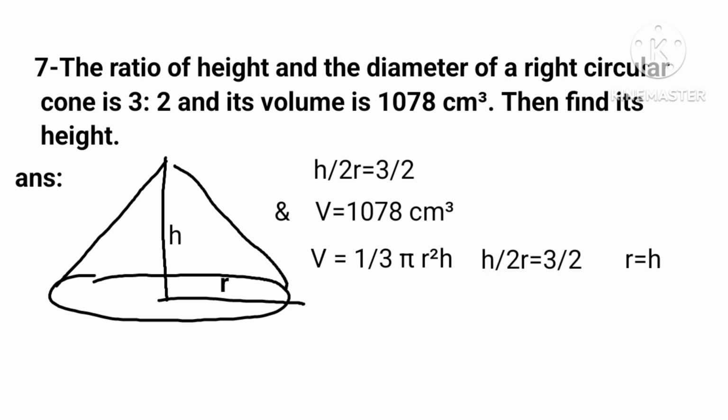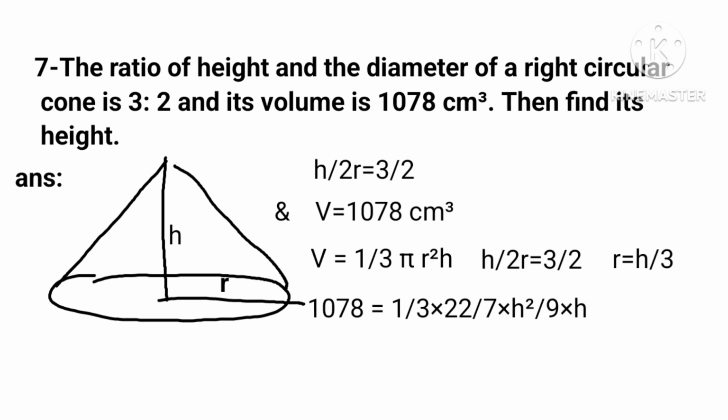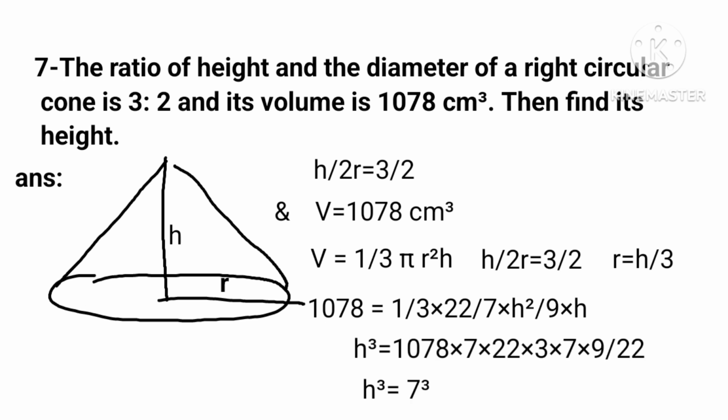Therefore, r = h/3. Hence, 1078 = 1/3 × 22/7 × h²/9 × h. Hence h³ = 1078 × 7 × 3 × 9/22. h³ = 7³ × 3³. Hence h = 21 centimeters.